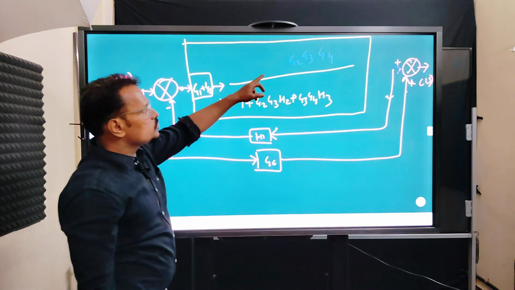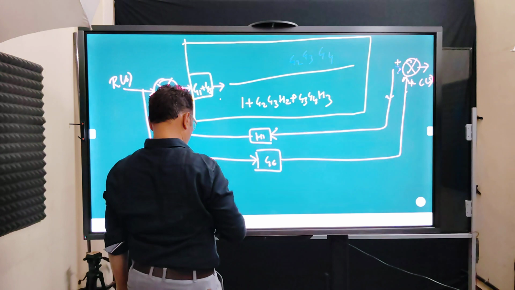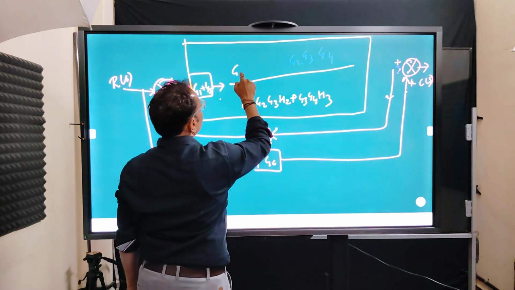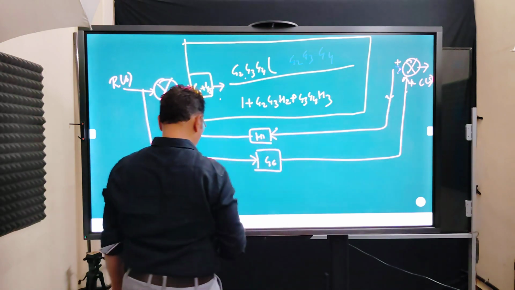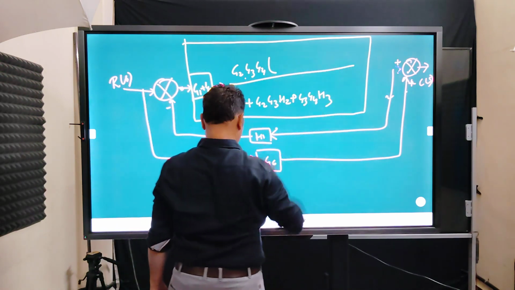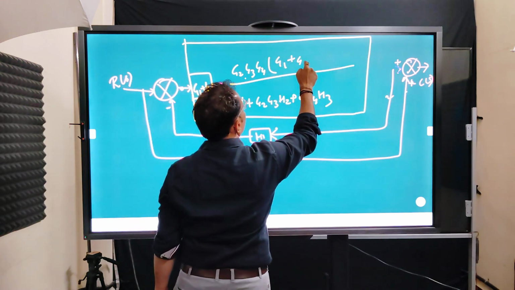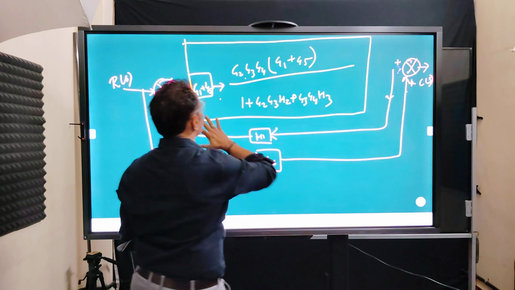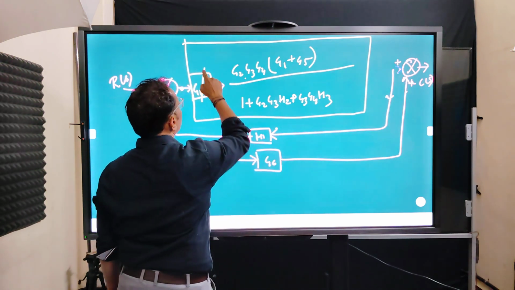And what was above, G2, G3, G4, that thing will get multiplied with G1 plus G5. Now this block is reduced, there is no need of this block.